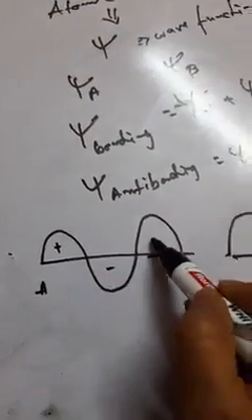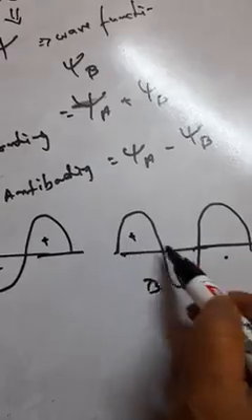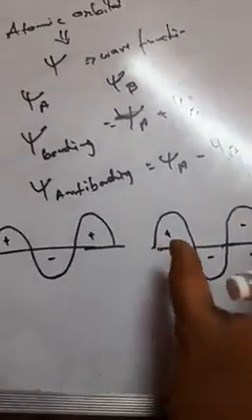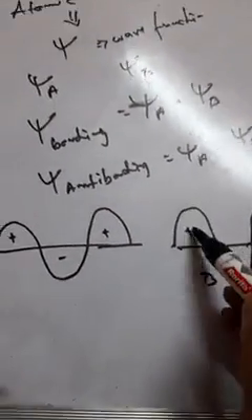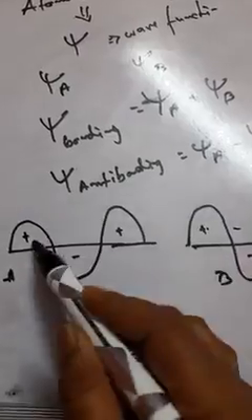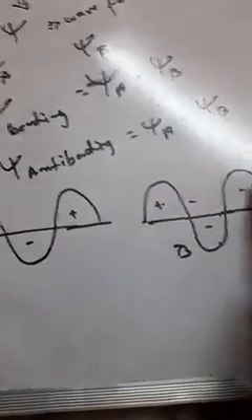Now suppose these two are the two waves. This is wave A and this is wave B. This is plus, minus, plus. Again plus, minus, plus. When these two overlap, what will happen? The plus will come in the same portion, minus in the same portion, again plus in the same portion.